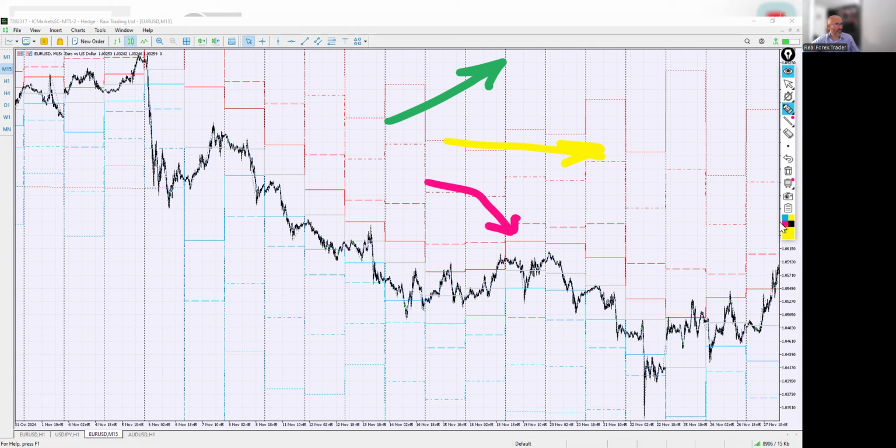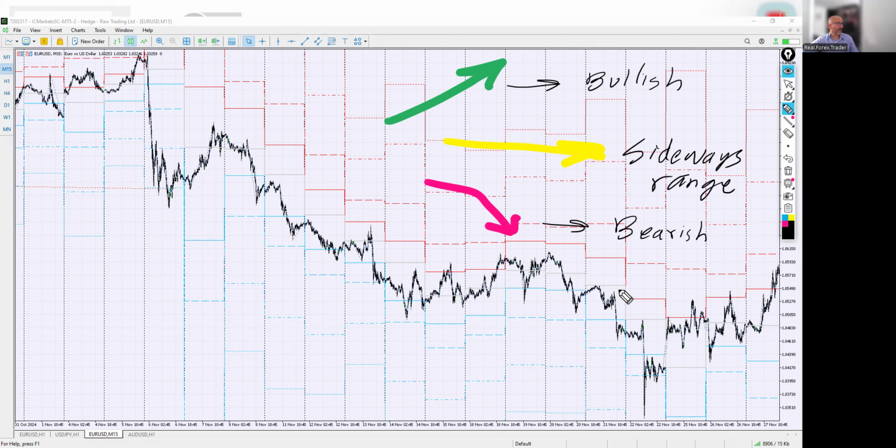We call this a bullish trend, we call this a bearish trend, and we call this sideways, or range, a range trend.